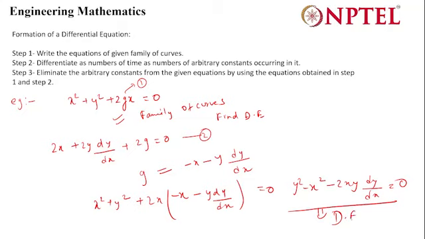Okay, sometimes they will give you an equation of a family of curves, and they will ask you to write a differential equation. Or they will give you one equation and 4 options. They will ask what will be the differential equation of this family of curves. Now let's move on to the solution of first order differential equation.